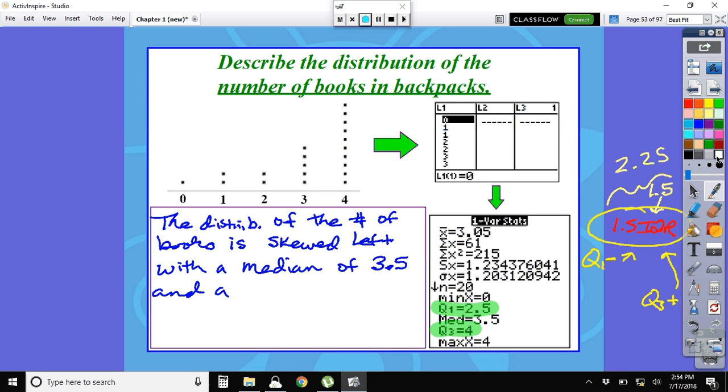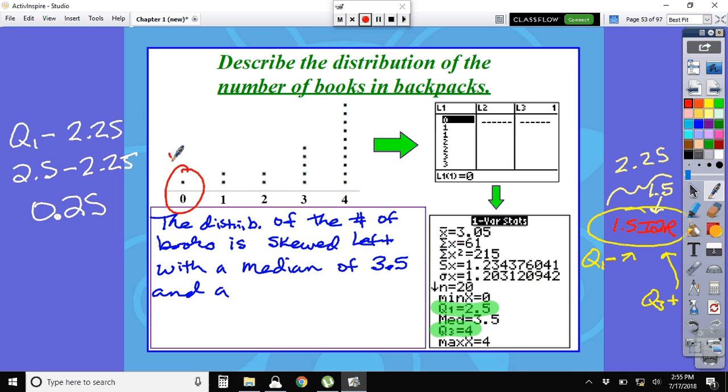So 2.5 minus 2.25 leaves us with a quarter, 0.25. Do I have any numbers that are smaller than 0.25? And I do, 0.